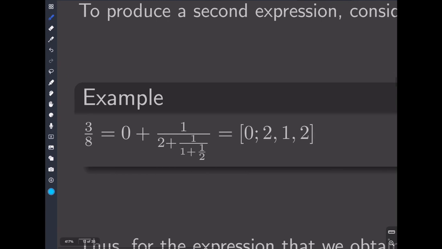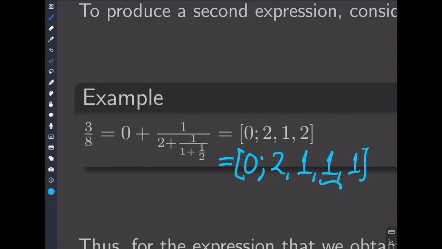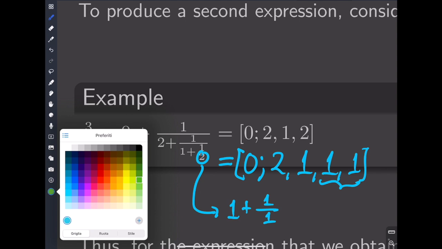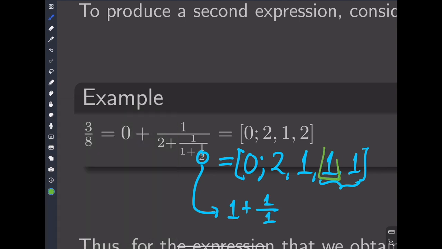So this one is equal to 0, 2, 1, 1, 1, because this 2 is 1 plus 1 divided by 1. So this one is this one, and this one is this one.